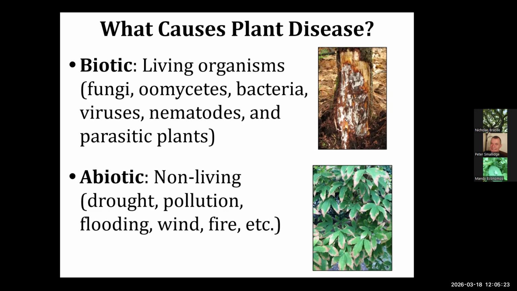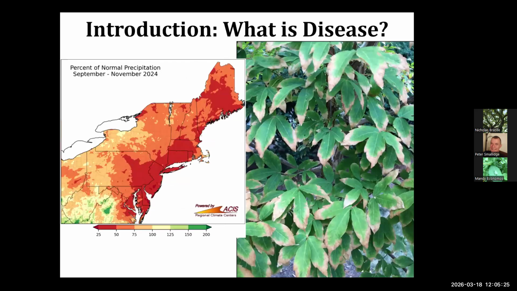And what we have here, so this map on the left, this is from the Northeast Regional Climate Center based out of Cornell, and it's showing percent of normal precipitation from September through November 24. If you remember, the fall of 24 was historically dry. Now, the way you interpret these maps, when there's a lot of green, and the darker the green, that means we're above average.